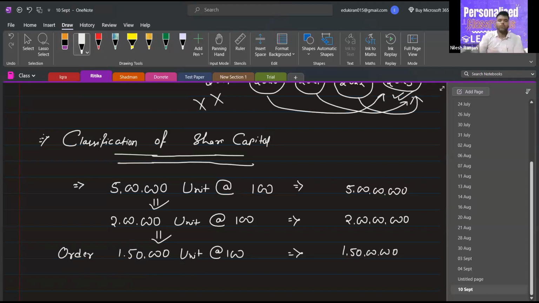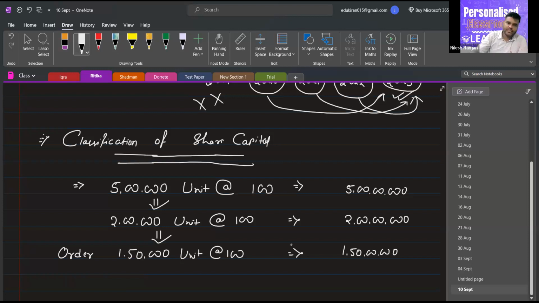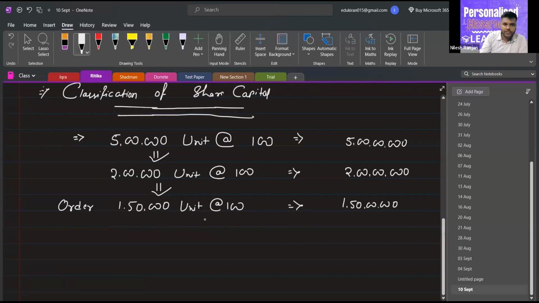Okay. Now, there is one assumption here that we have sold 1,50,000 units at the rate of 100, but we collect our money from our customers in 3 installments. Let's say the installment values are 40, 30, and 30.